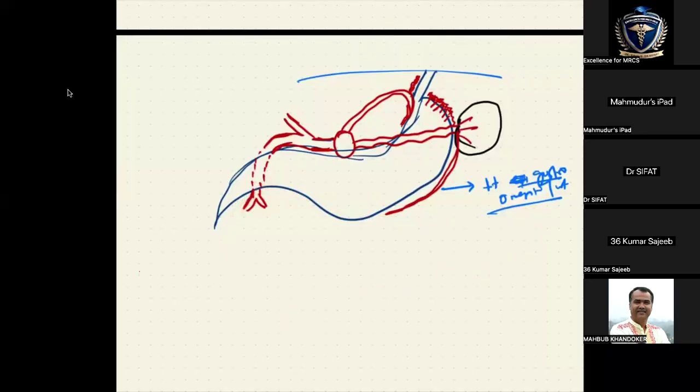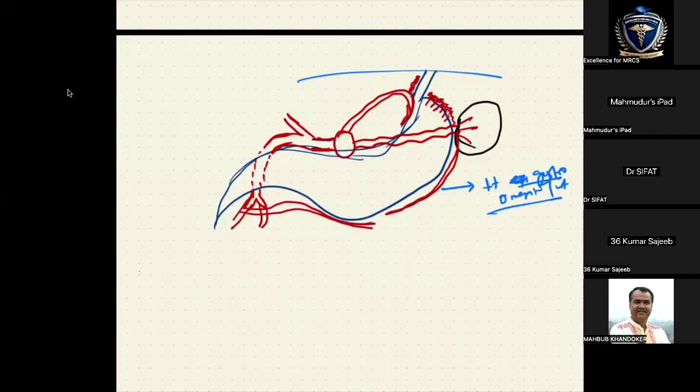So the gastroduodenal artery has two branches: the anterior pancreatoduodenal artery and the posterior pancreatoduodenal artery. From the anterior pancreatoduodenal artery you get one branch that supplies this part, called the right gastroepiploic or gastro-omental artery.